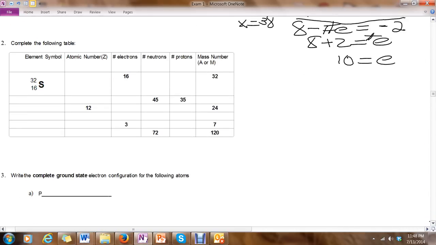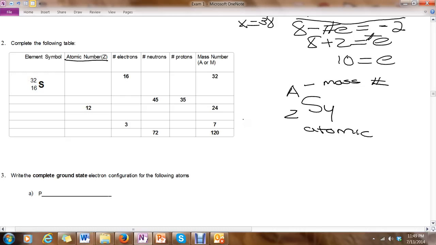Okay, let's go ahead with the table. Now from the symbol that I told you, this is Z, and this is A. This is mass number, and this is atomic number. Now, in this one, what is the mass number here? 32. What is the atomic number?